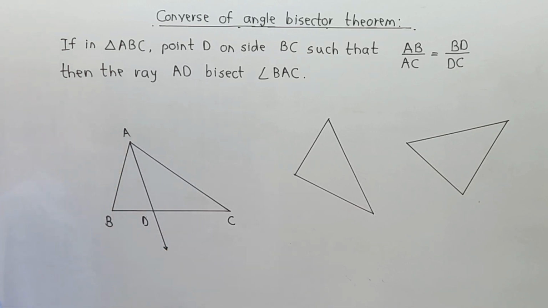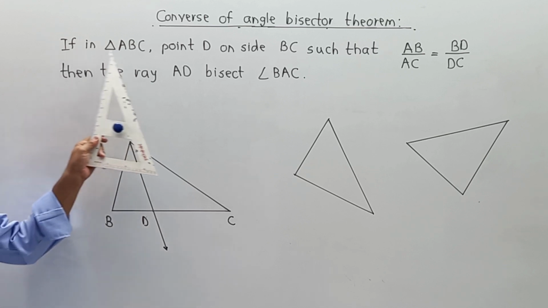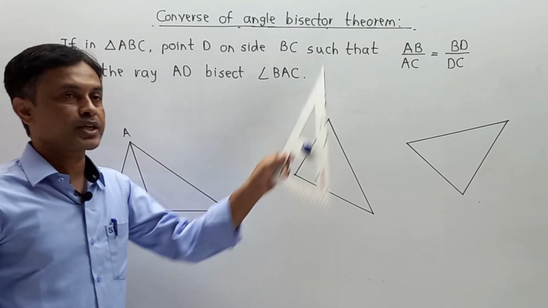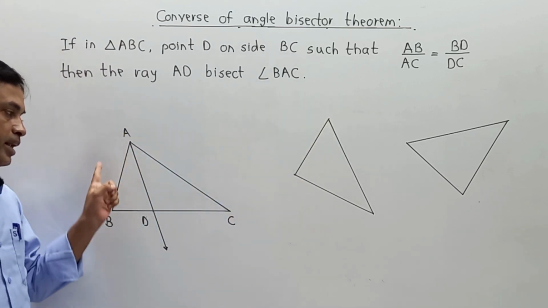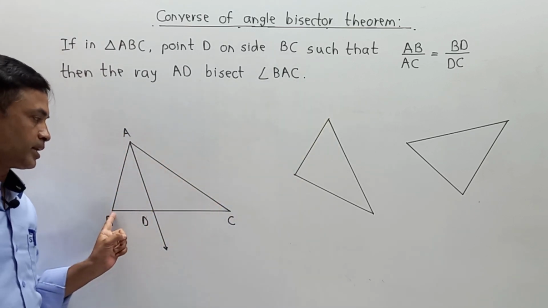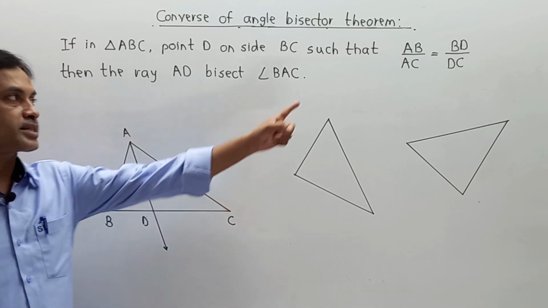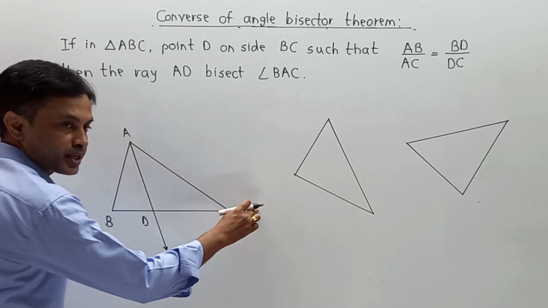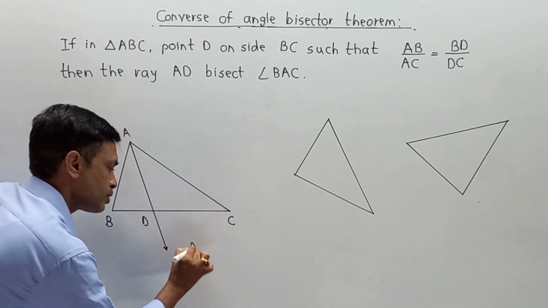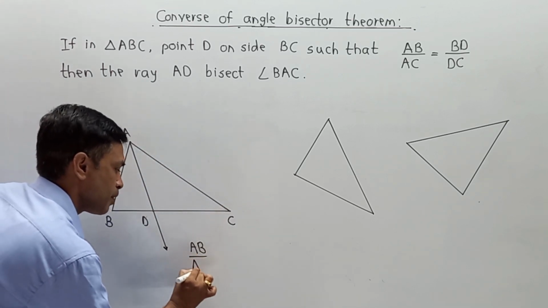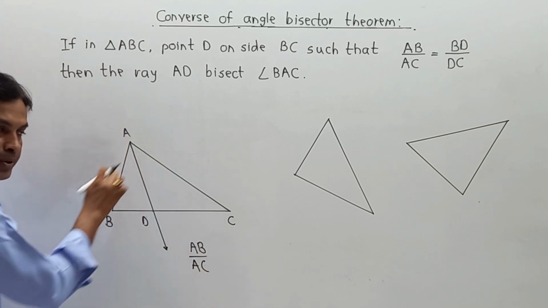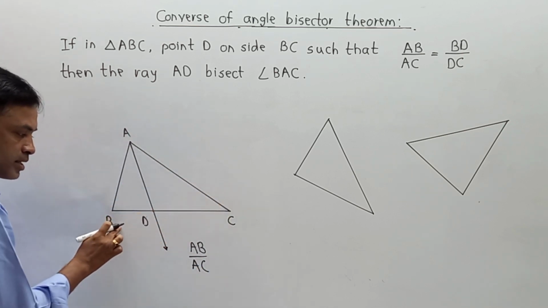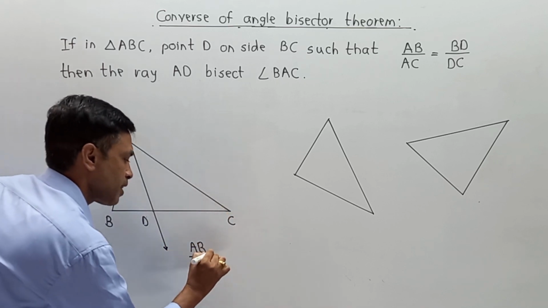Now here is the part that you have to understand. The concept is that in a triangle ABC, point D is on BC such that AB upon AC is equal to BD upon DC.